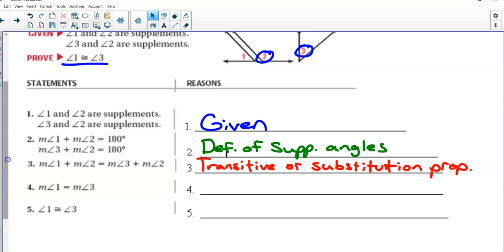So looking at statement 3, how can we get from statement 3 to statement 4? We can subtract measure of angle 2 on both sides. They would end up canceling out, and we'd be left with the measure of angle 1 equals the measure of angle 3. So that's just the subtraction property.